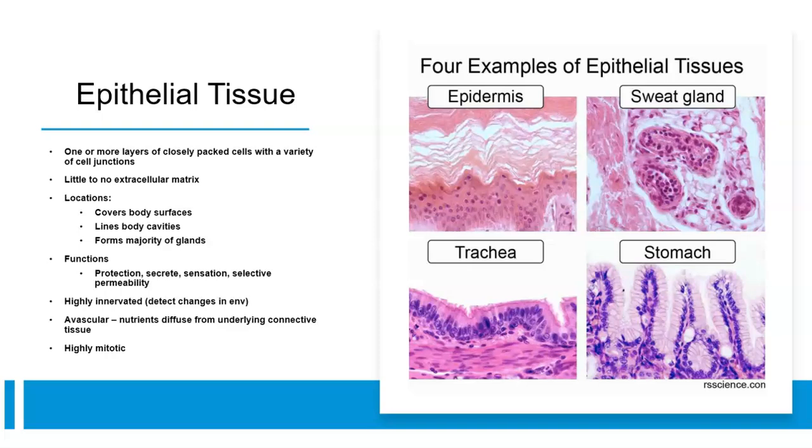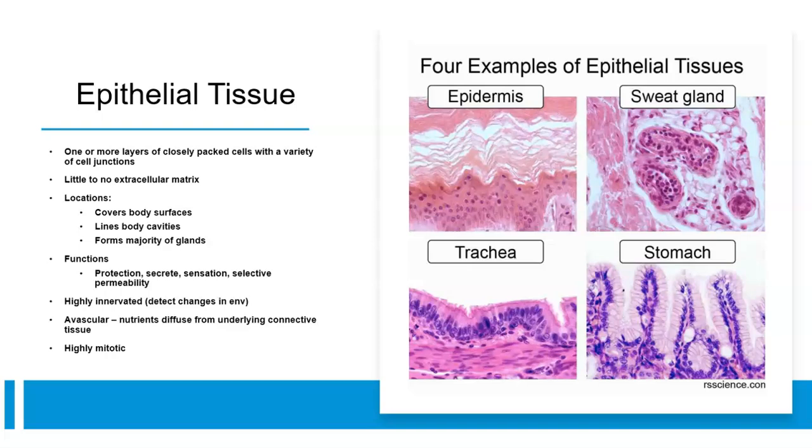Now we'll get into more details with that when we get into our connective tissue. But just think of it's what's outside the cell, extracellular, okay? Now, epithelial tissues are going to cover body surfaces and line body cavities, so spaces within the body, and also form most of the glandular tissue in our bodies.